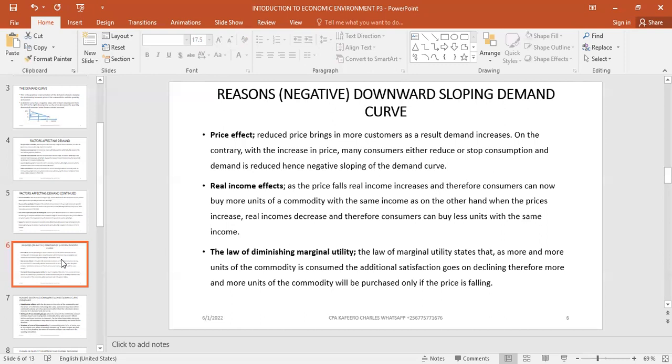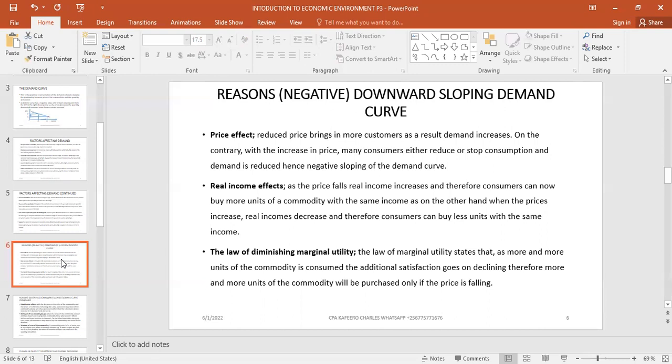Price effect, we are saying that reduced prices bring in more customers as a result of demand increase. Demand increases. When the price of the commodities has reduced, we expect that even those people who are not capable of buying the items will come back and start to buy the items.